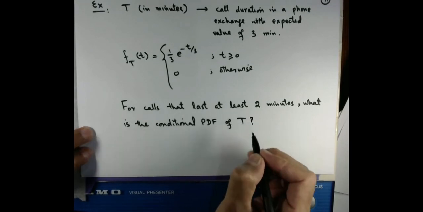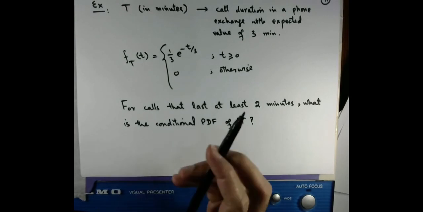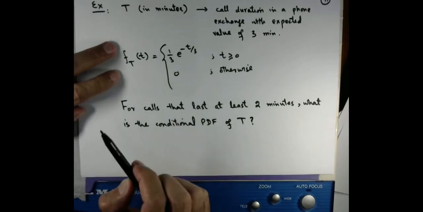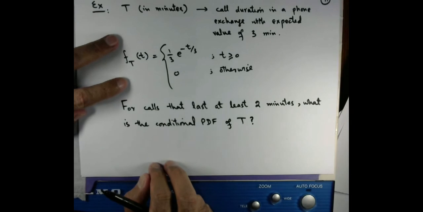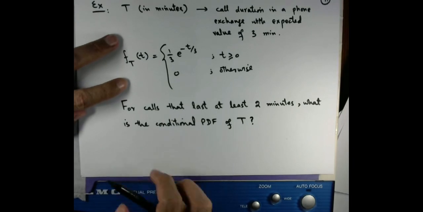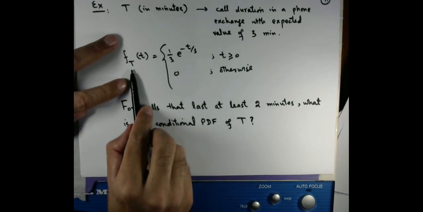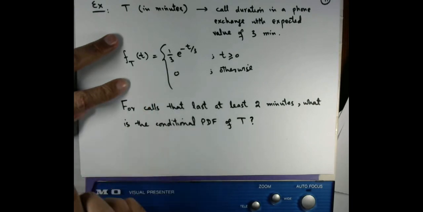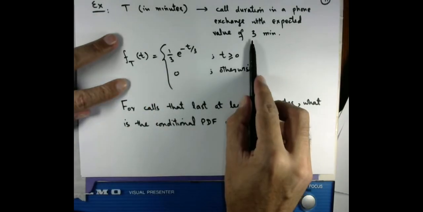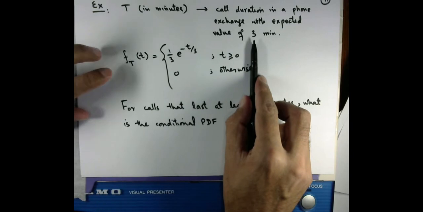Please understand the nature of the question. This is the unconditional probability distribution of call duration if the average call duration for that phone exchange is 3 minutes.